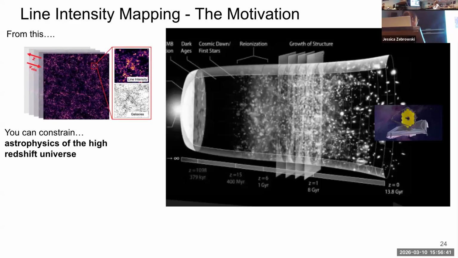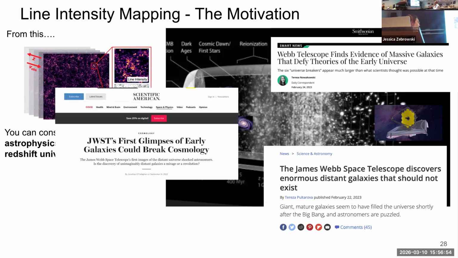So with line intensity mapping, you can constrain the astrophysics of the high-redshift universe. Recently, we've been getting some big surprises with these high-redshift galaxies, as have been observed by JWST. And you may have seen the headlines in the paper that JWST has, in fact, broken cosmology. Now, I do not know if that is true, but I do know that astronomers are puzzled.